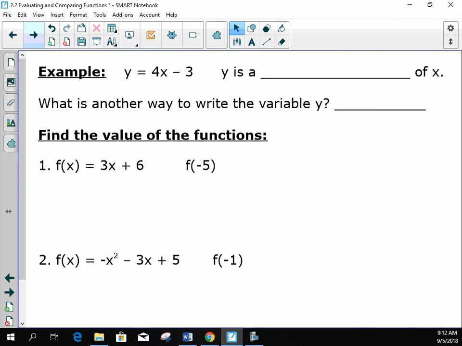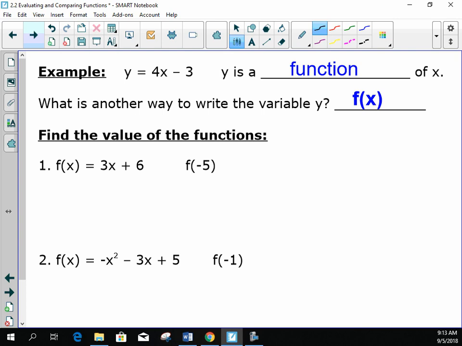This is a function. Y is a function of x. What is another way to write the value of y? F of x. F of x and y are the same thing. You have to get used to that. F of x means y.